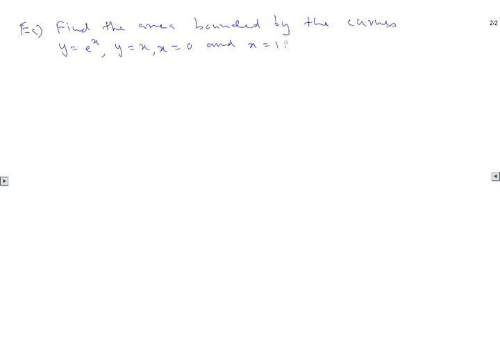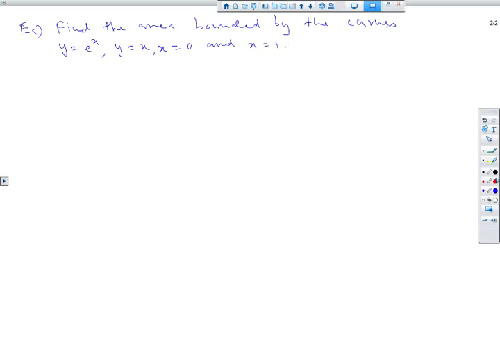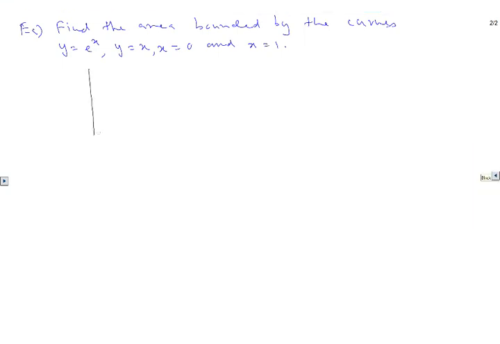So there are a bunch of curves here. The best thing would be to graph them. It gives you an idea. It's always a good practice to graph them and see the situation.